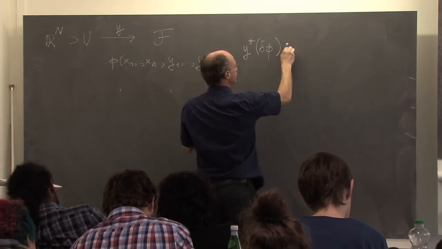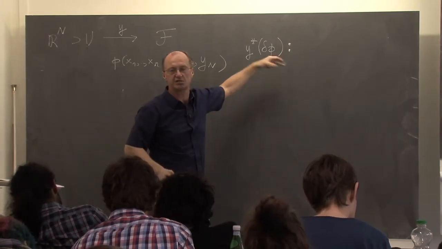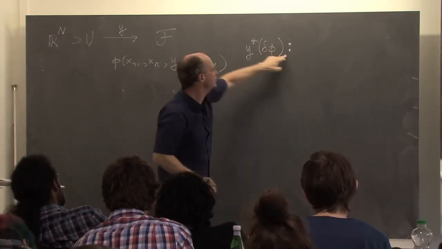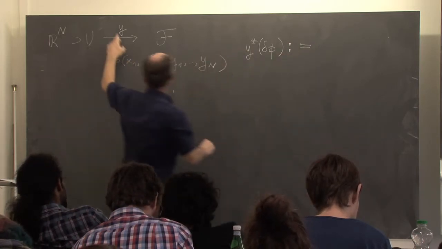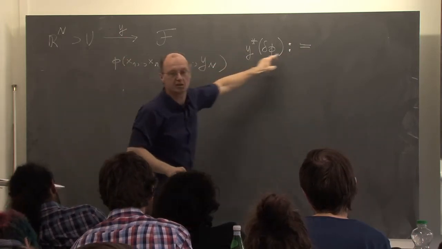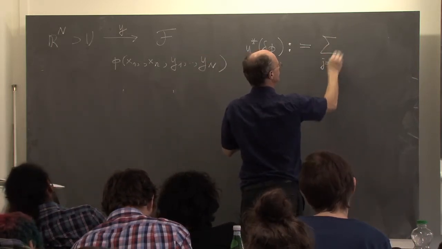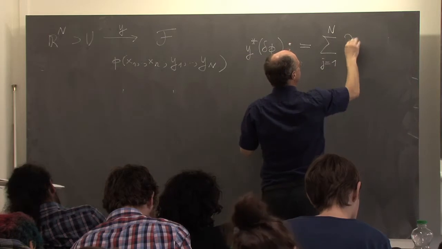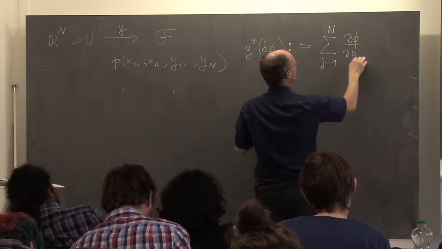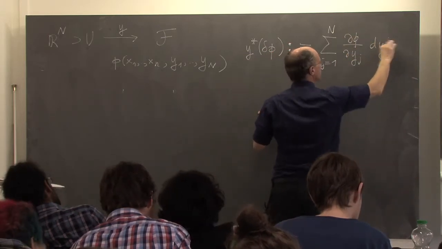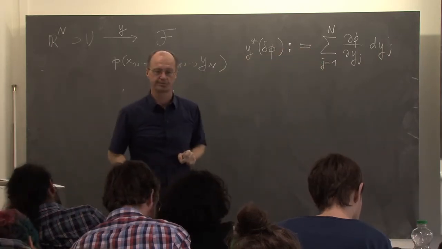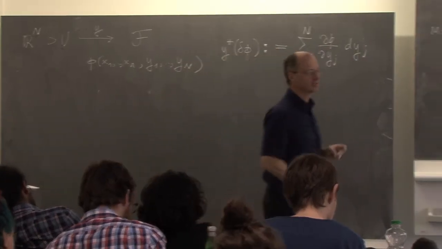Now I say by definition, delta phi is defined as an object such that for any such map Y, the answer will be the sum over J from 1 to capital N, d phi over dyj, dyj. And that's one of the strategies.